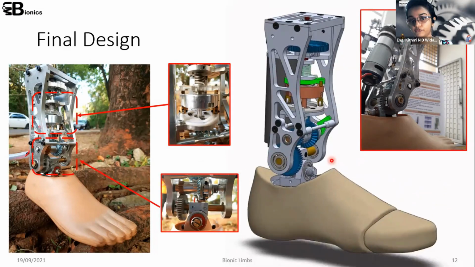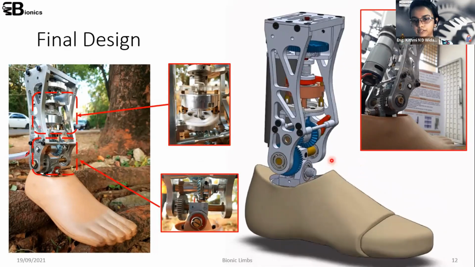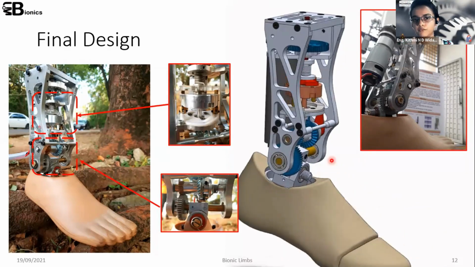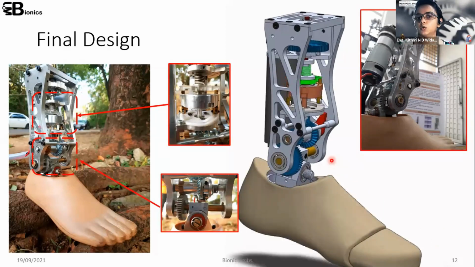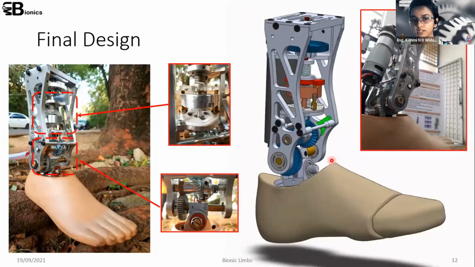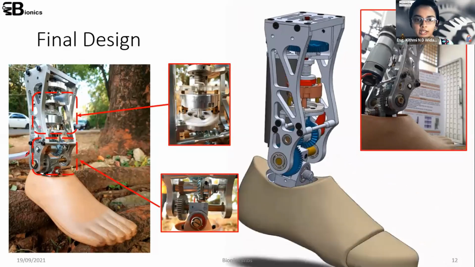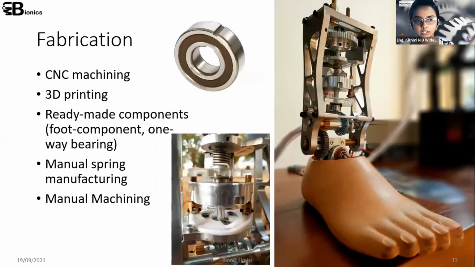Before going into actual fabrication, we used a graphical representation of our design to get an understanding about the improvements that need to be made and any other changes that we need to do. And when we think about the fabrication, we used several fabrication methods.